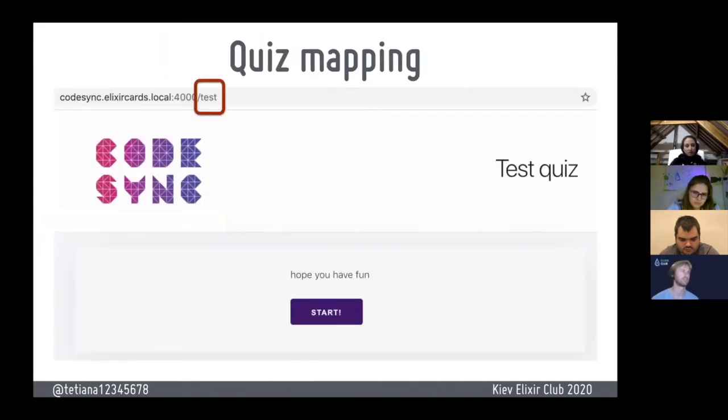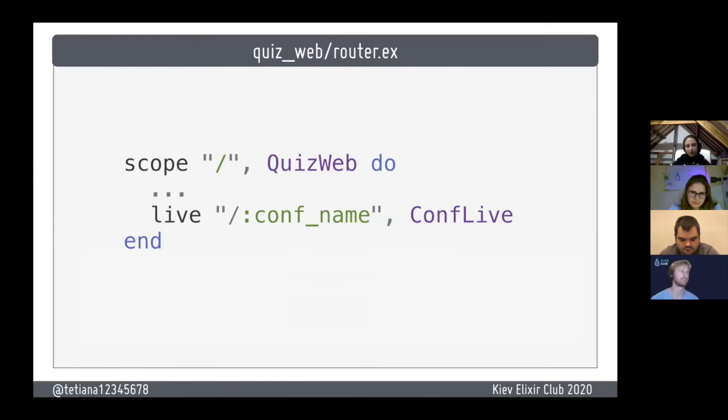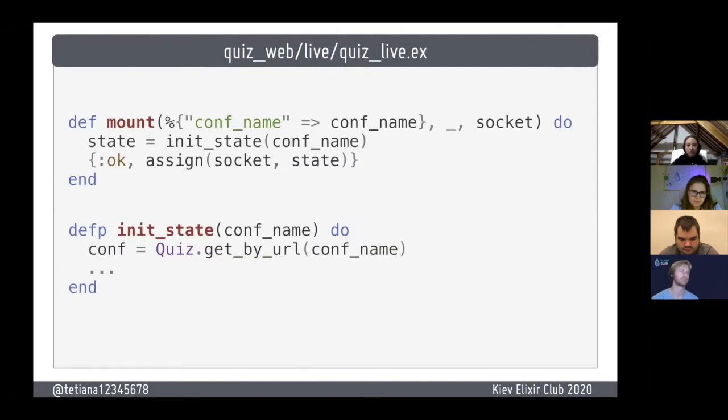So then /test, the parameter, would point to the cards from the deck with ID 1. All we need to do is accept the conference name as a parameter and pass it to our LiveView. And when we get to the mount function, we would fetch the deck containing the cards. So now we have our questions.